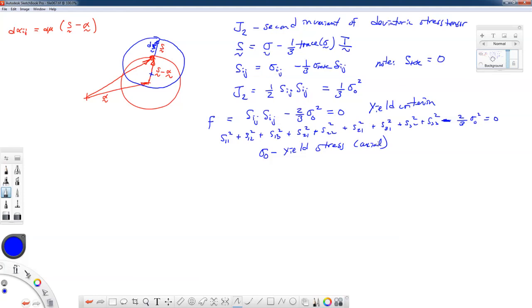And the deal with a consistency condition is, in yield surface plasticity, the stress point can either be inside the yield surface or it can be on the yield surface, but it cannot go outside of it. So let's write that down. So the stress state must either be in the yield surface.